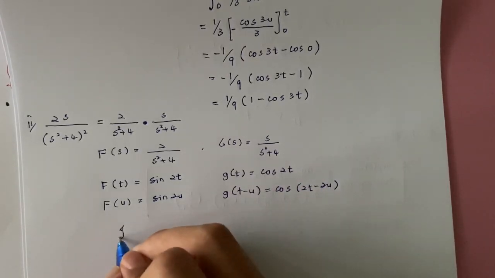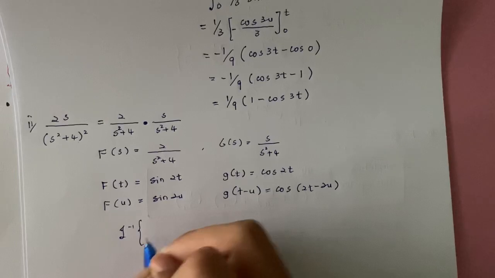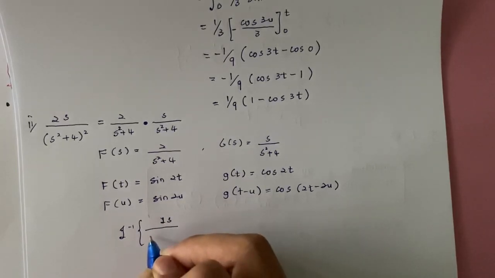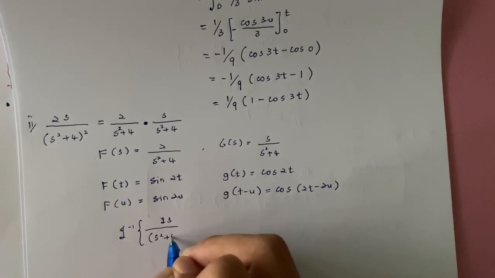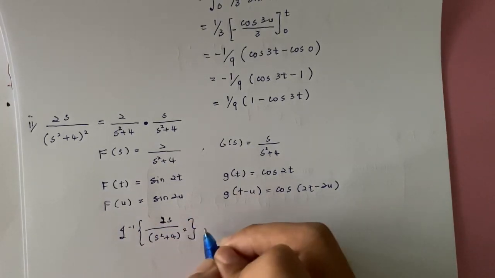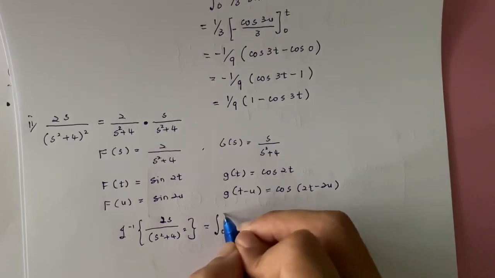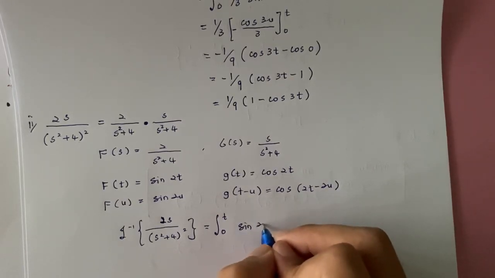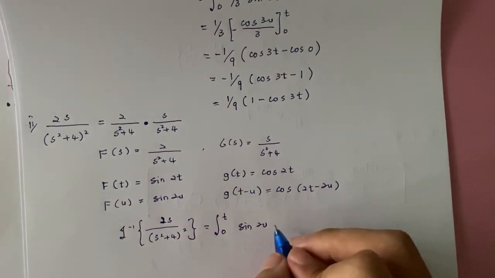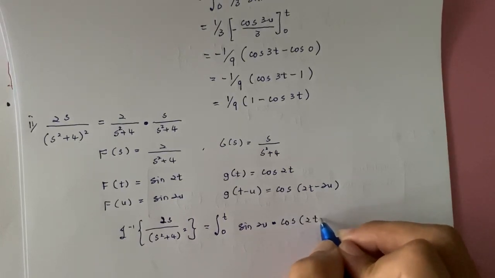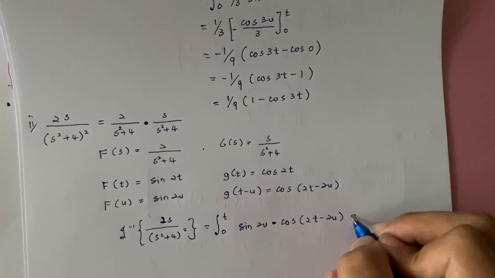Then substitute into the convolution theorem. Sorry, this is 2s over (s squared plus 4) squared, which is equal to the integration from 0 to t of sine 2u, from f(u), multiplied by cos of 2t minus 2u, du.